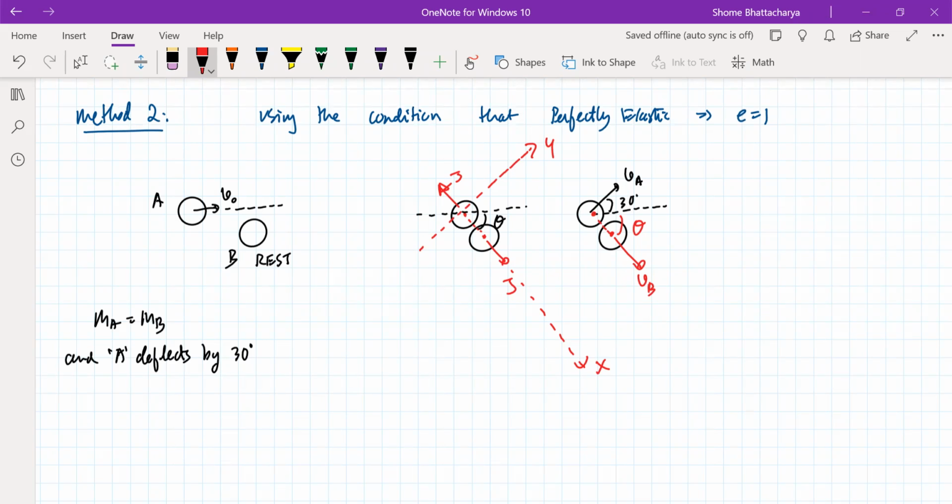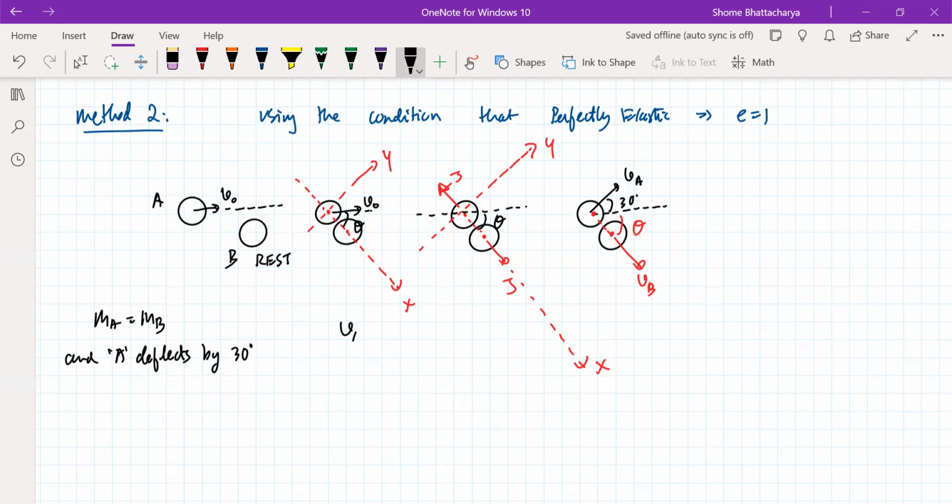Now in the picture just before impact, with respect to our center to center line, our new x-axis, the initial velocity of this guy is at some unknown angle theta.